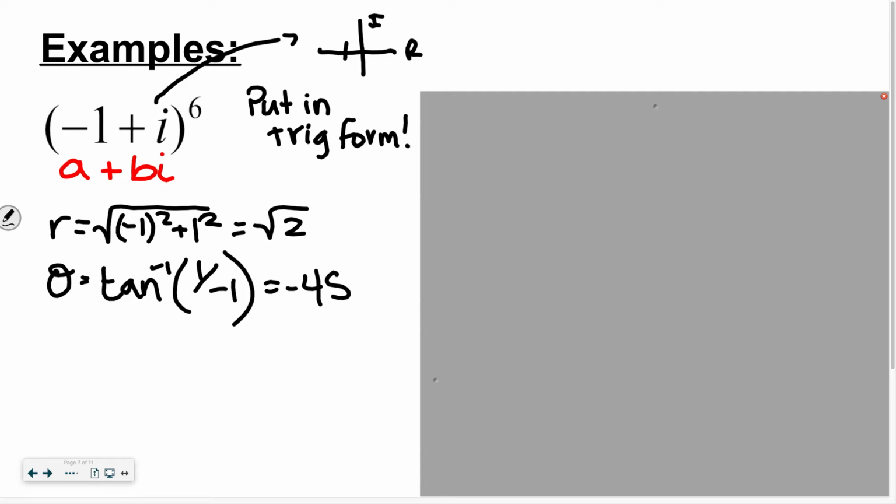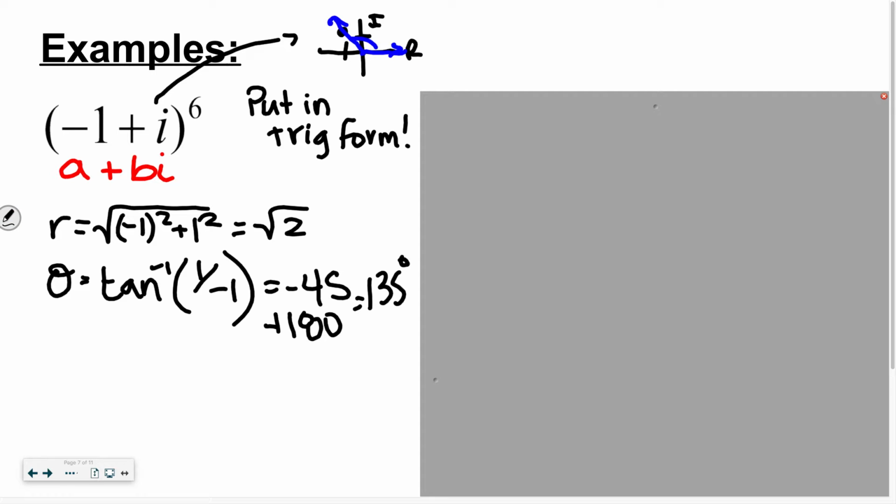So I would go left 1, up 1. And since my point would be plotted in quadrant 2, I should do what? Negative 45. Add 180. Thank you, Olivia. Okay, so add 180. So that angle is really 135 degrees. And you can think about that like that direction angle back in vectors. Yeah, that angle looks like it's 135 degrees.